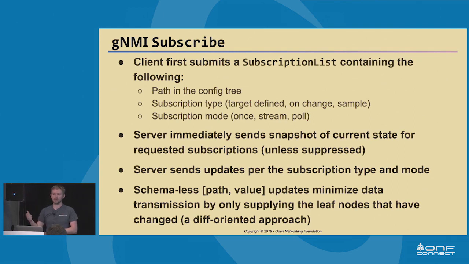So for that, it might have like a default sampling interval, and it might sample those results back to the client. But yeah, target defined is basically enables you to kind of just trust the device to send you updates when they're relevant. And if you want to be more specific, you can either use on change or sampling for specific paths to get what you want.